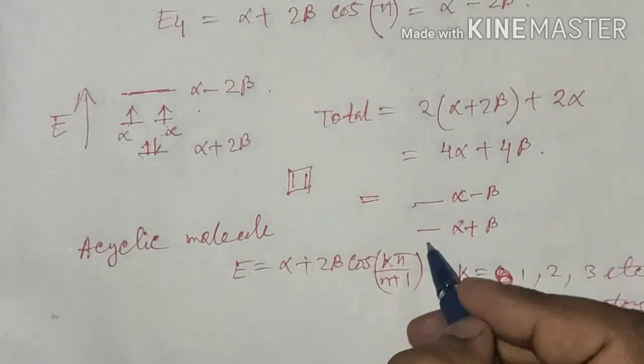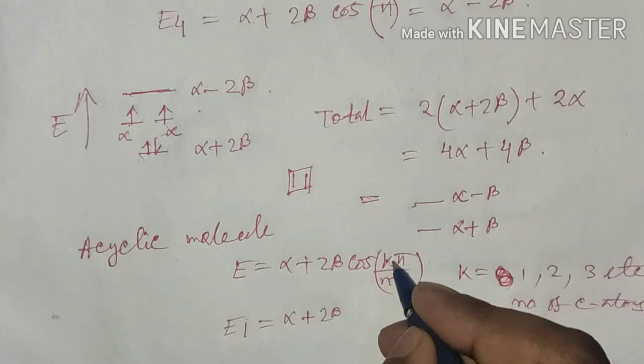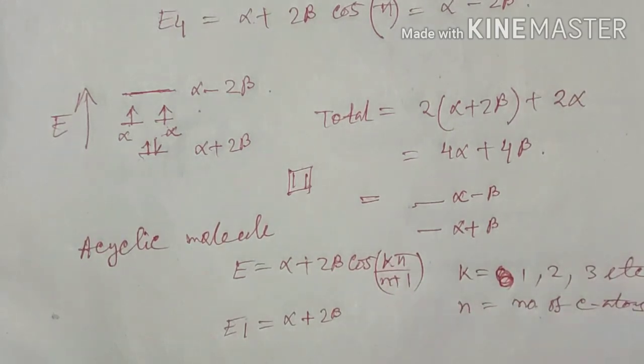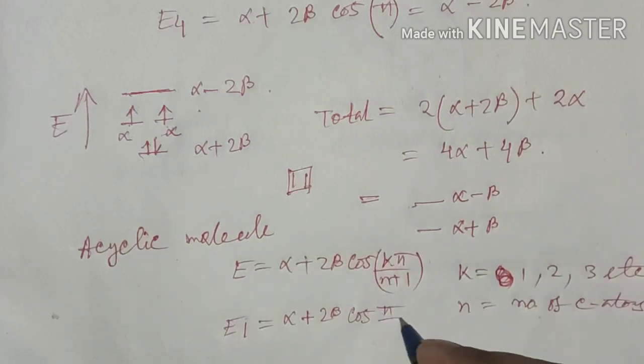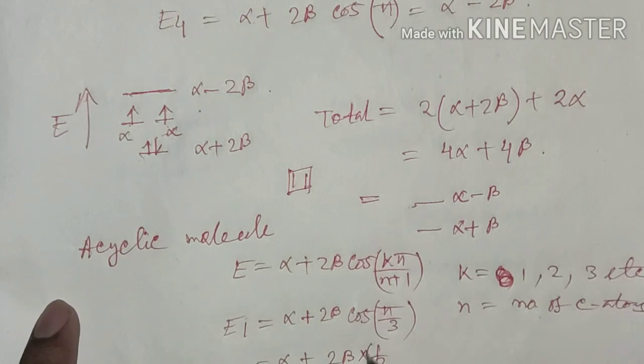So for the first orbital, the energy will be alpha plus 2 beta into cos, where k will be 1 and n here will be 2. So cos pi by 3, that means cos 60 degrees, and the value of cos 60 degrees is half.